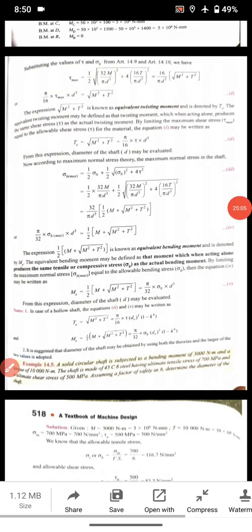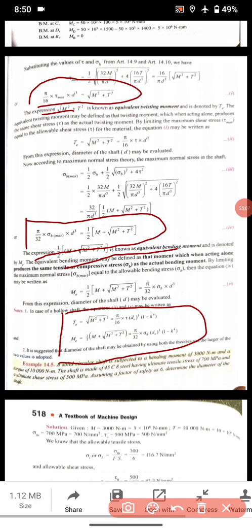For the hollow shaft you may find the formula in some other form, that is pi by 16 tau d naught cube into the bracket 1 minus k to power 4, where k is equal to di upon d naught.